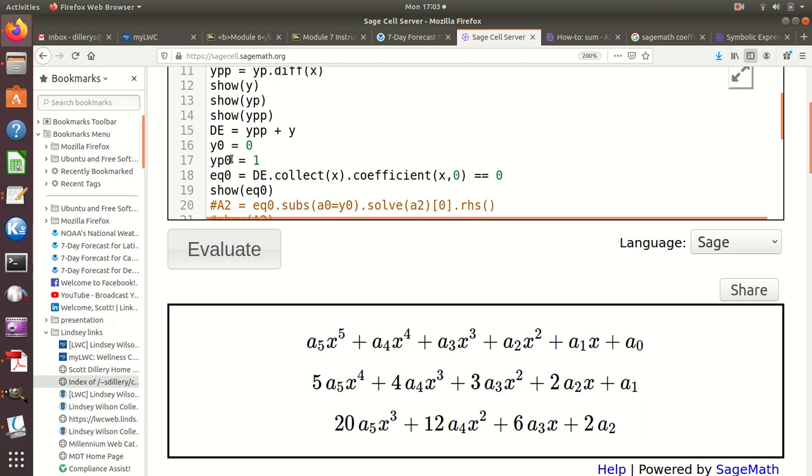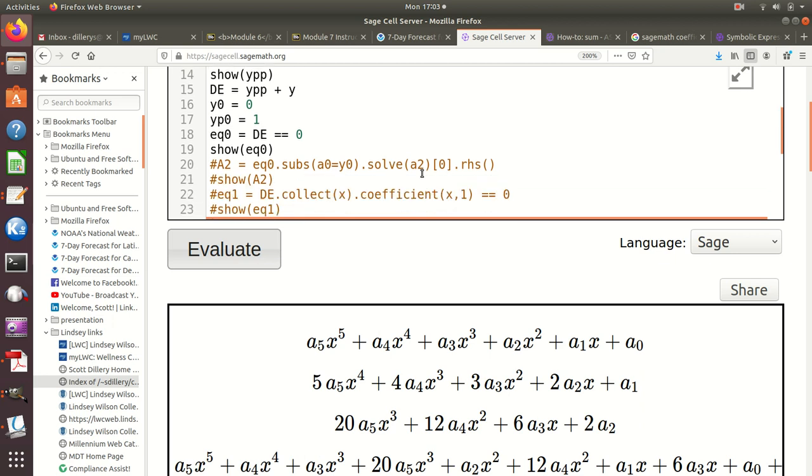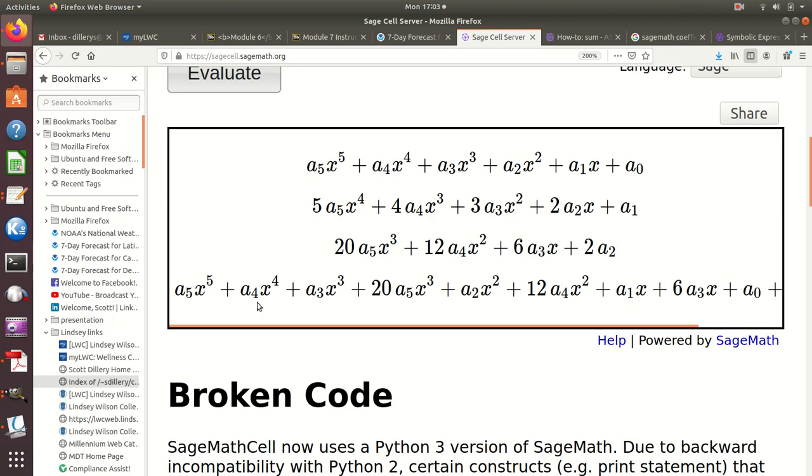Now here, what I do is I say I want my differential equation, I want to collect the x, and I want to just look at the 0th coefficient. Let me get rid of that just so you see what we would have. So Control X to get rid of it. I evaluate, and notice what I have.